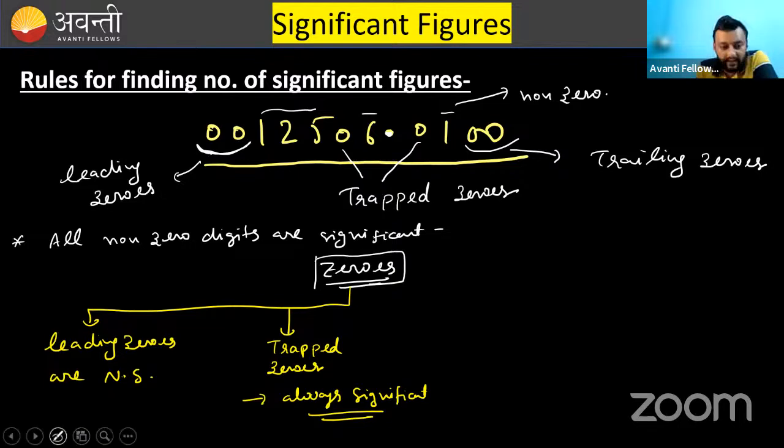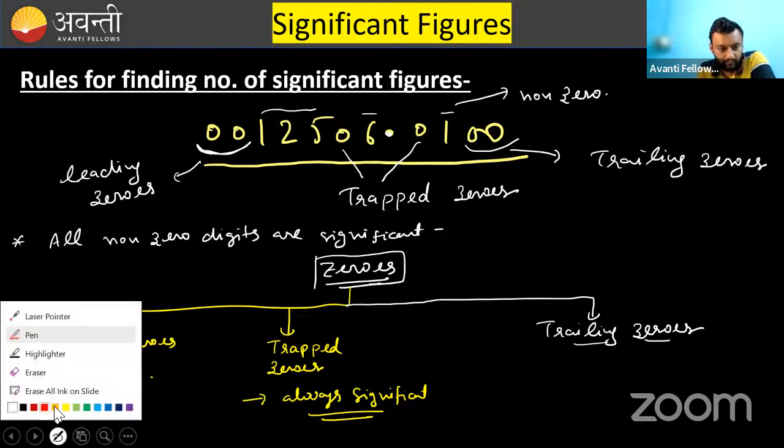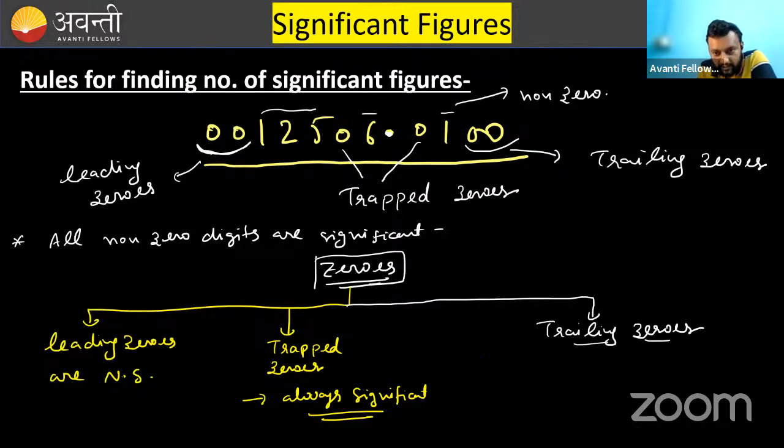Now the remaining term, which is very important, is trailing zeros. Now the thing is, first thing is, trailing zeros are non-significant. NS means non-significant. If decimal is not present.